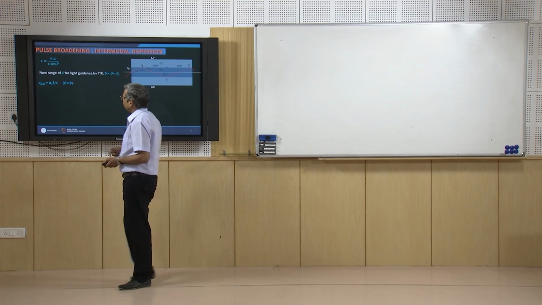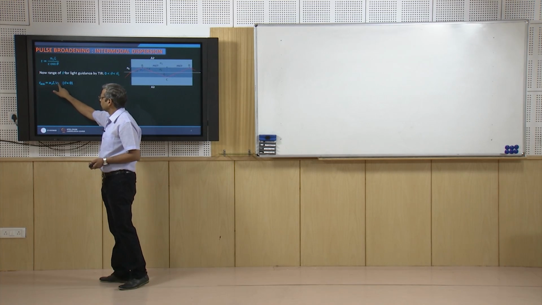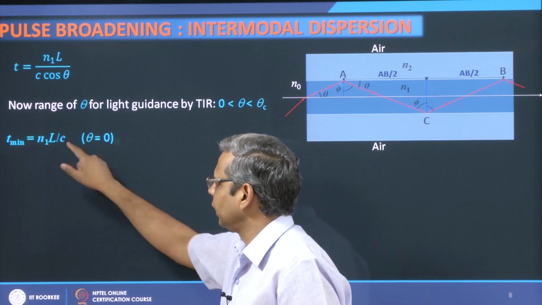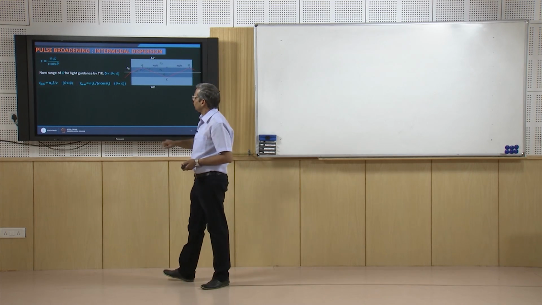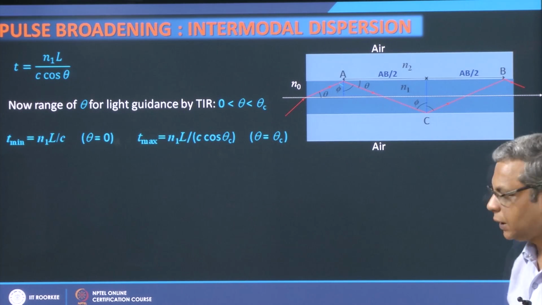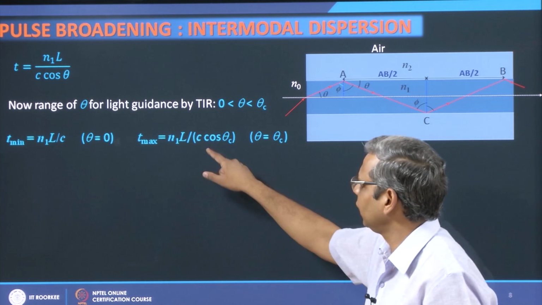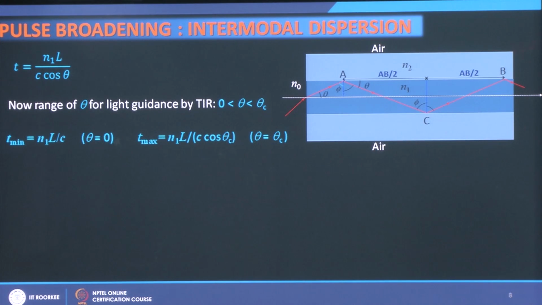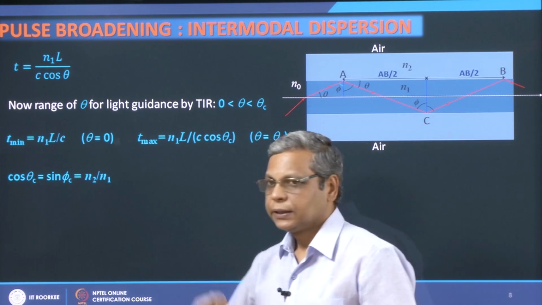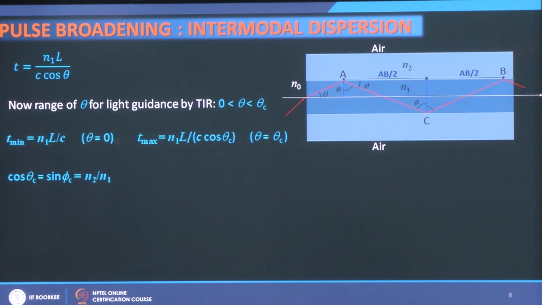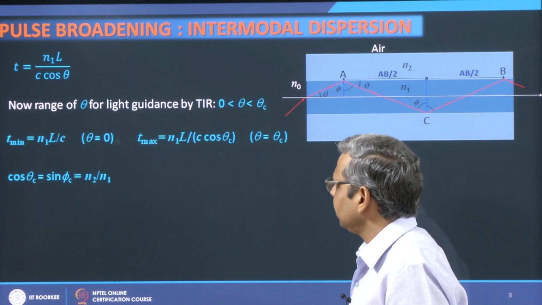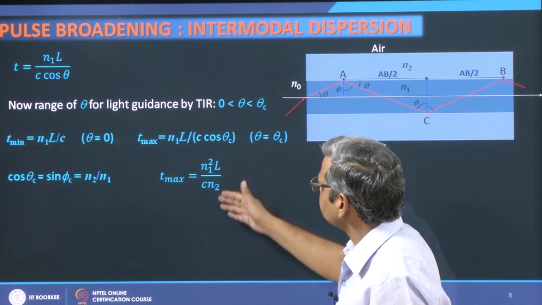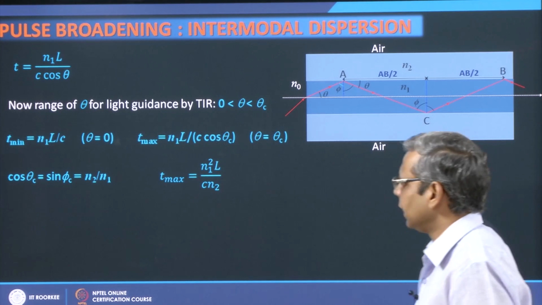So your minimum time would be for the axial ray, corresponding to theta equal to 0, given by N1 L over c, while the maximum time would be taken by the ray which makes an angle theta c from the axis. So T max is equal to N1 L over c cos theta c, and because of the time difference between this and this, I will have broadening. From here I can immediately have cos theta c is equal to sin phi c, which is N2 over N1. So T max is N1 square L over c N2.